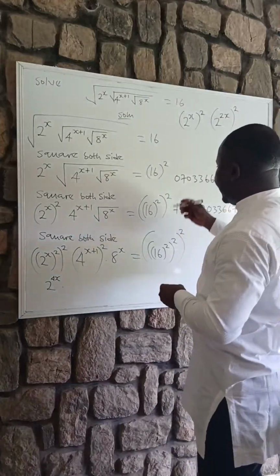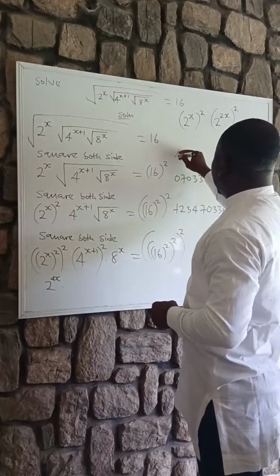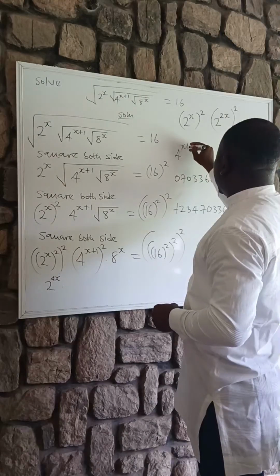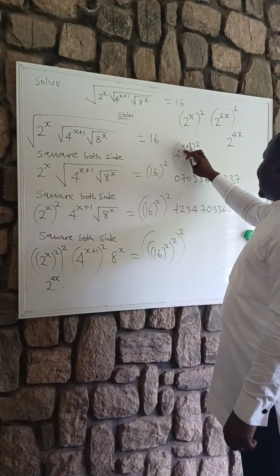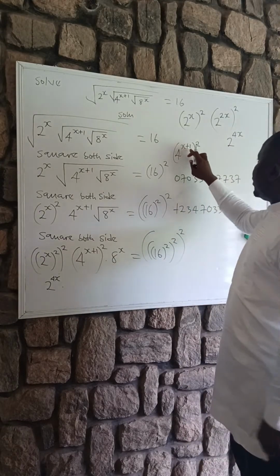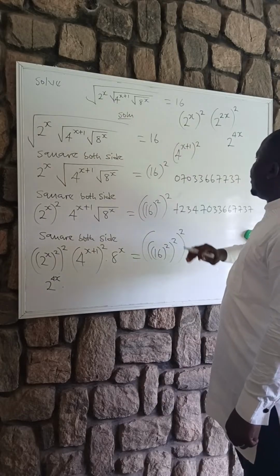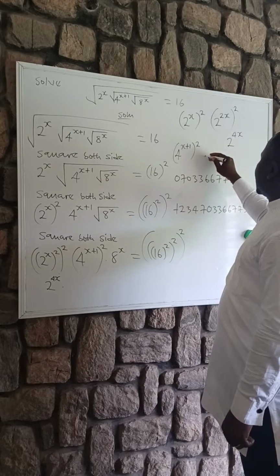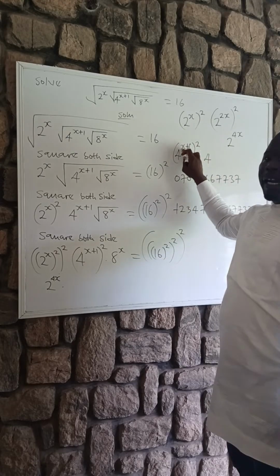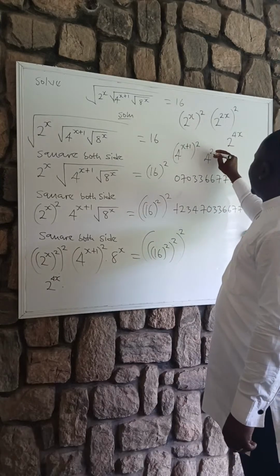We have 4 raised to the power of x plus 1, all in bracket raised to the power 2. So x plus 1 is a power, 2 is a power. So this power will multiply this. We use this 2 to multiply x, we are going to have 2x.